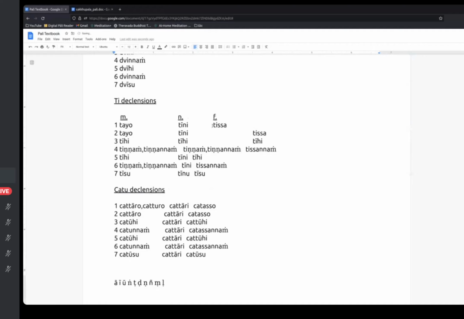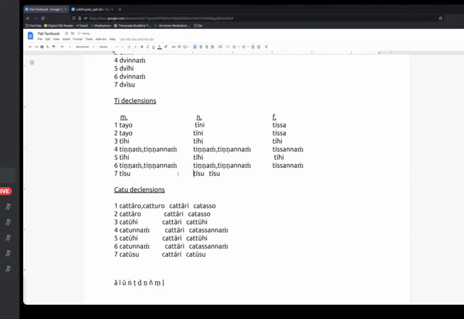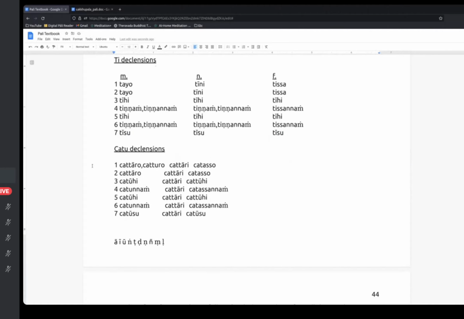Someone someday will have to put this in a real chart, I think. So I think these are right now, but you might want to take everything here with a grain of salt and look it up in a proper grammar.